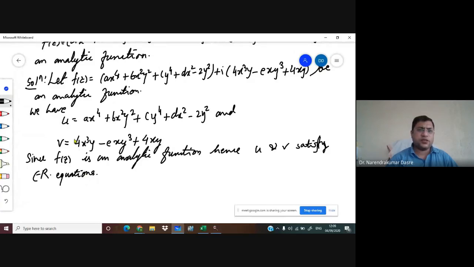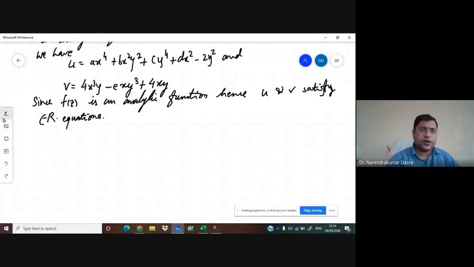So these functions u and v have to satisfy the CR equations. So let us find the first order derivatives, and then we'll use the CR equations.